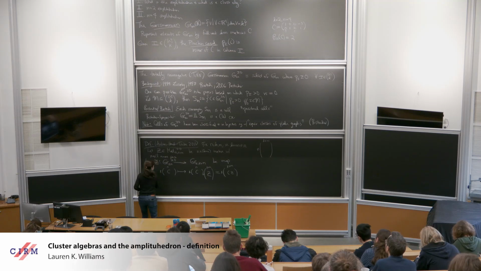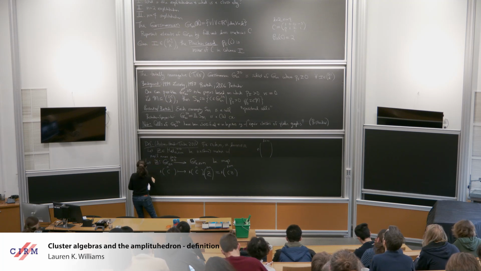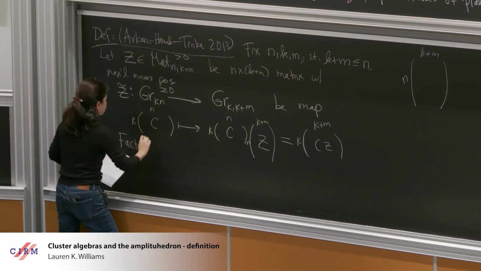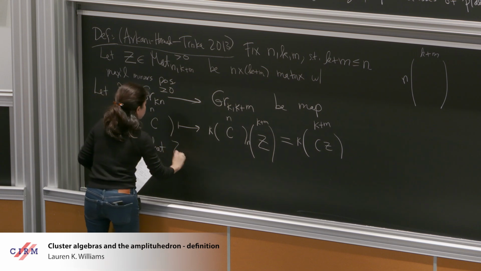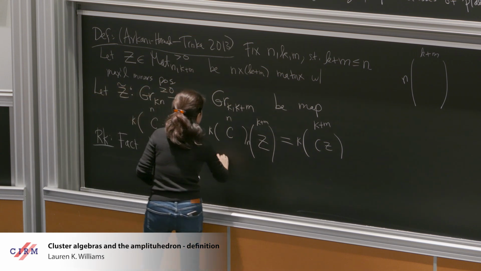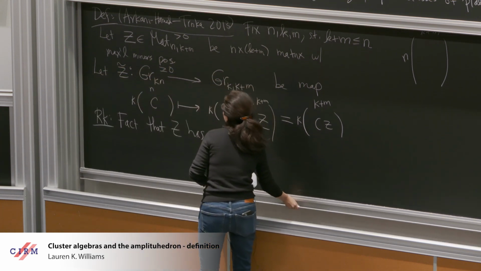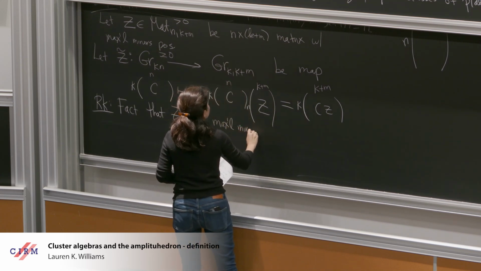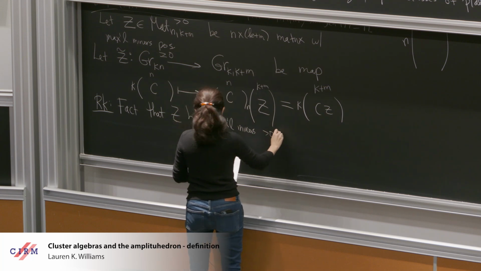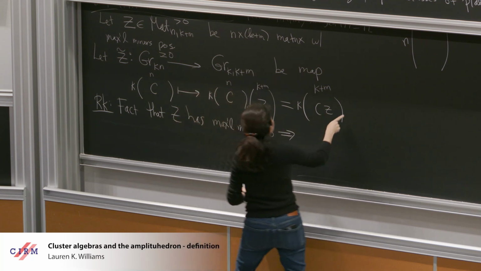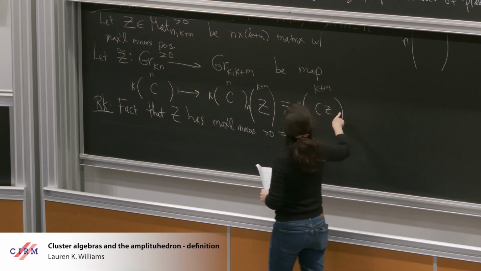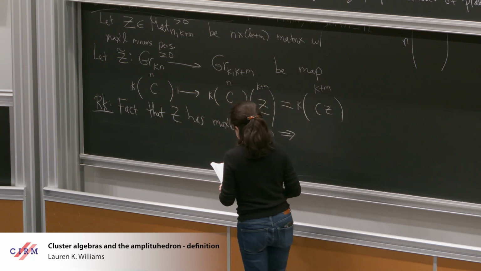And in order to convince you that this map is well defined, let me just point out that one can show that the fact that Z has maximal minors positive implies that this matrix has full rank and hence represents a point in this Grassmannian.